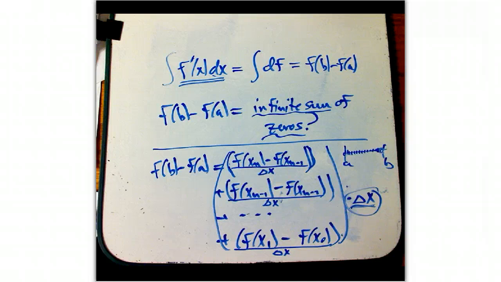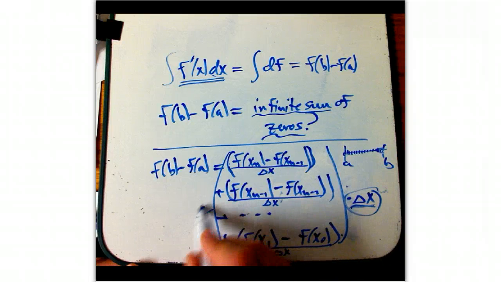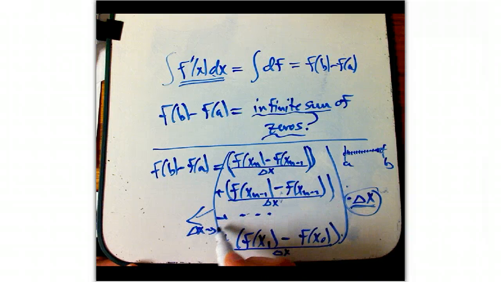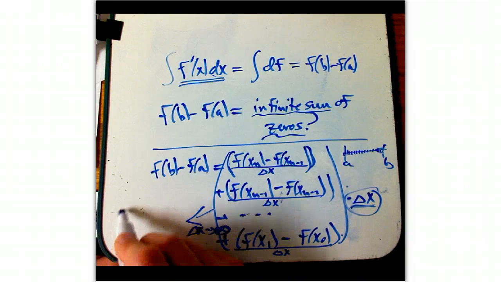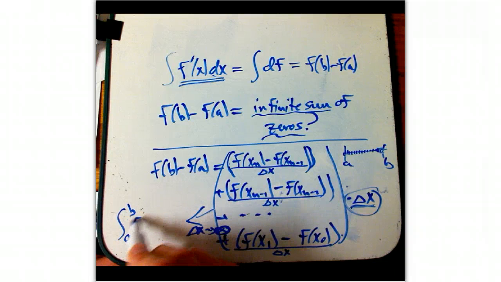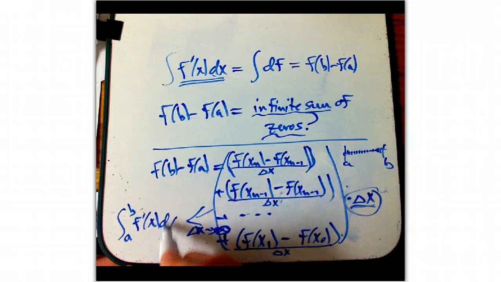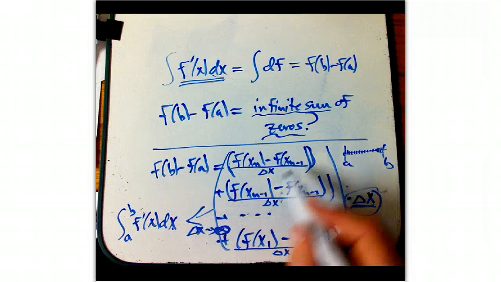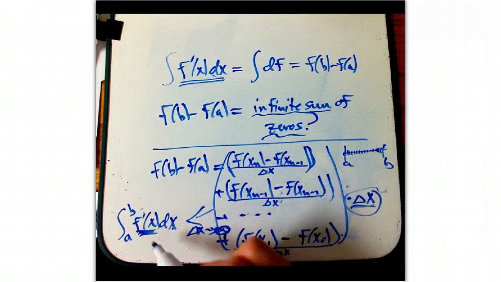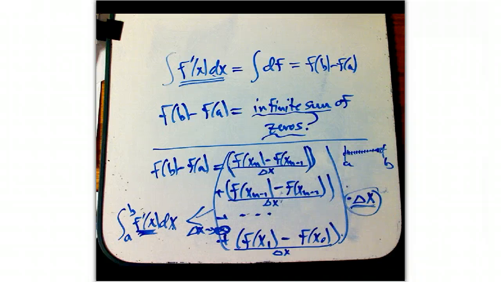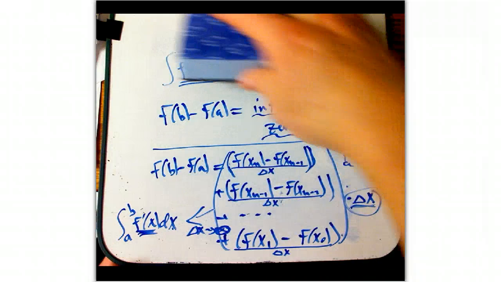That turns into an integral: the integral of the derivative times dx. The delta x turns into dx, these density of change numbers turn into f prime, and the summation process turns into an integral.